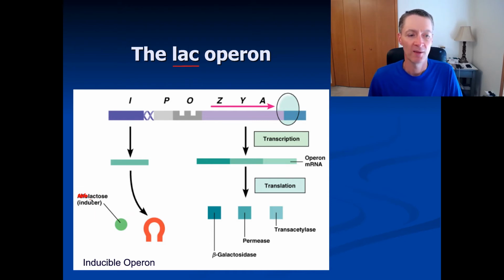So, in this case, lactose is present. Lactose is in the broth tube. Lactose is there with the bacterium, okay? And the lactose would act as an inducer, okay? So in this particular case, this lactose right here is going to bind, and it's going to take up this space right here.